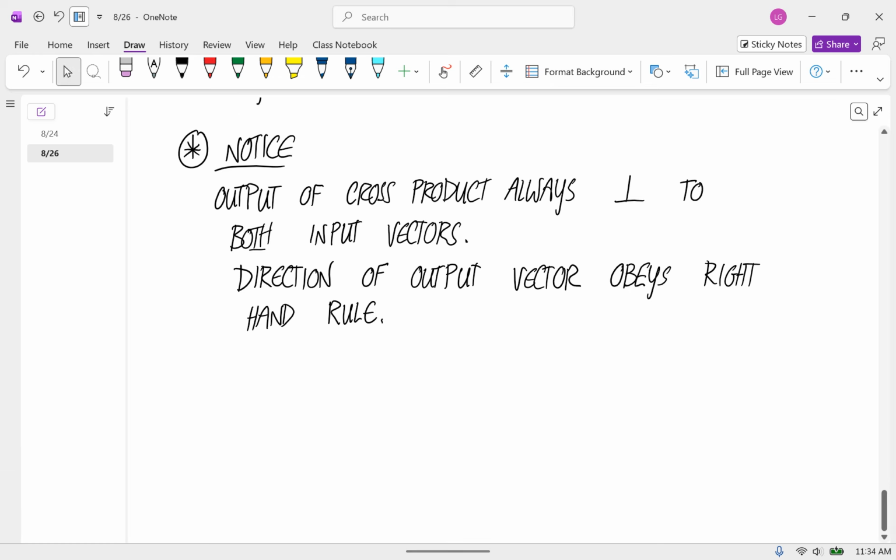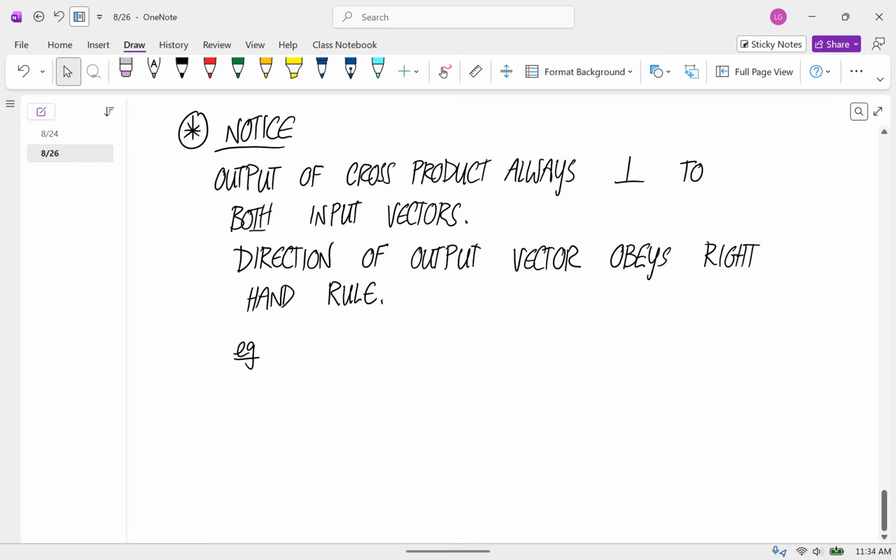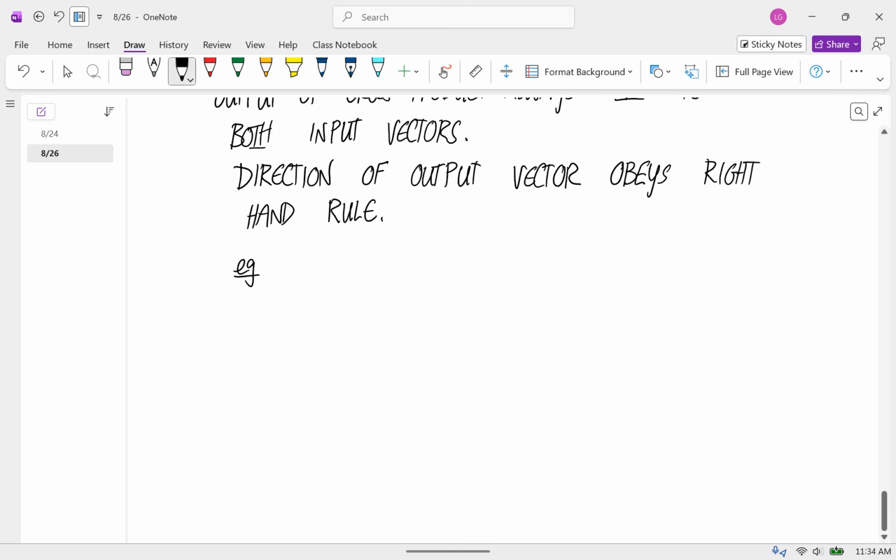Okay, so let me show you how this works. Let's say that we're taking the cross product between a vector in this direction and a vector that's pointing into the page. The way people represent vectors going straight into the page is a circle with a cross through it.